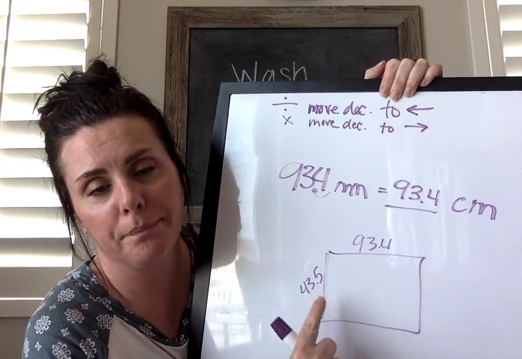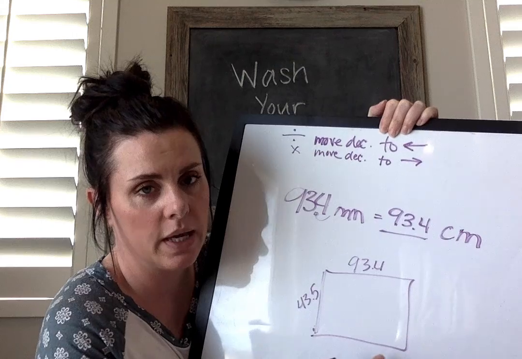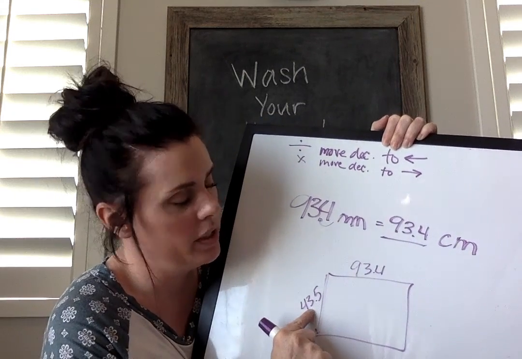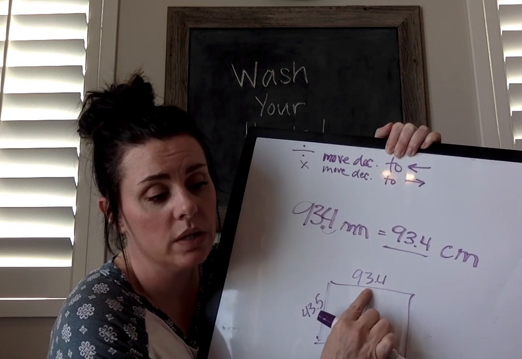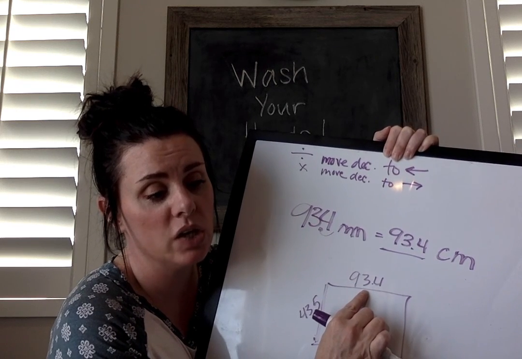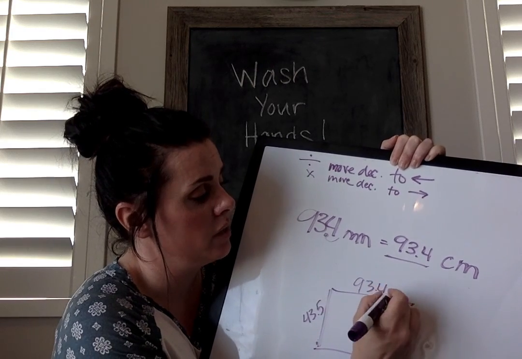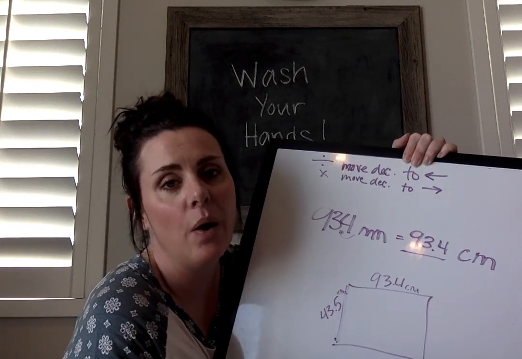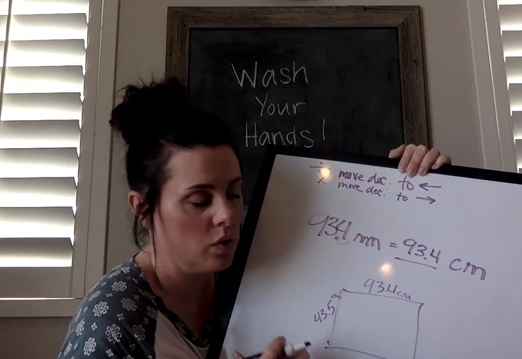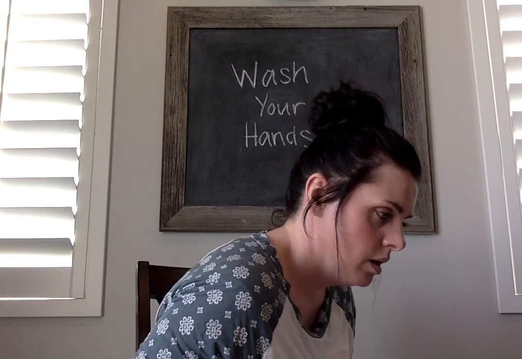Here's our frame. This is the drawing on the inside, and our frame looks like this. It says that it's 43 5/10 by, and we changed this one. It was 934 millimeters, but we changed it to centimeters, so now it's 93.4 centimeters. Now, if I add all of this up and go around the sides, that should be what we need.